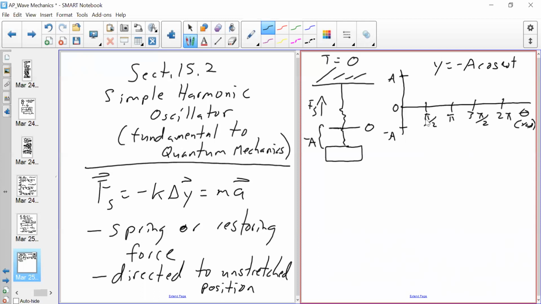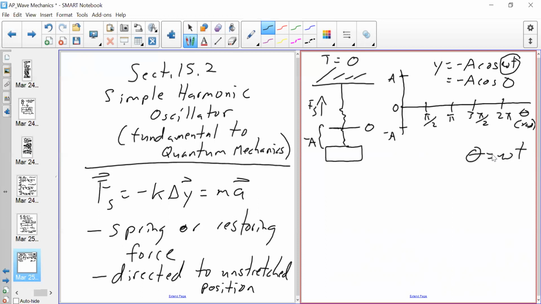And so for theta equals 0, this becomes negative A cosine of 0, because remember, omega t is theta from yesterday. Angular displacement, or x equals vt, theta equals omega t, so that's theta.